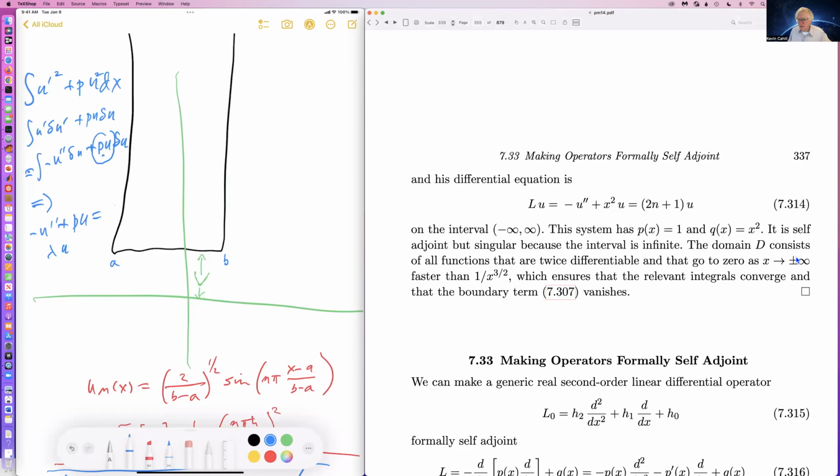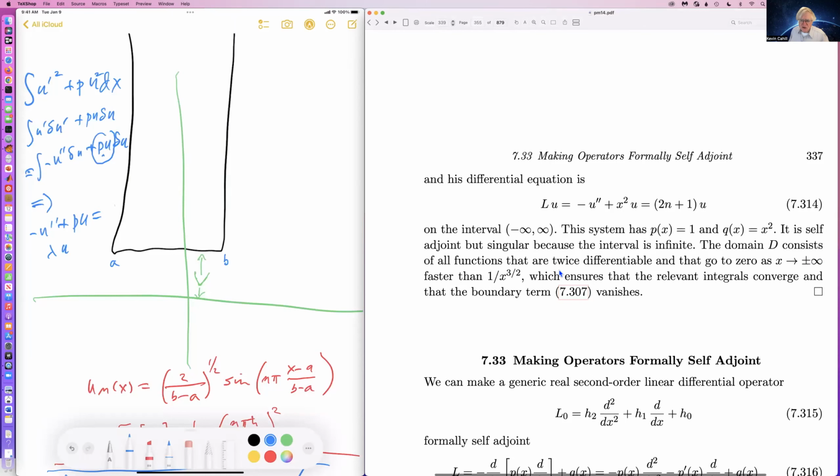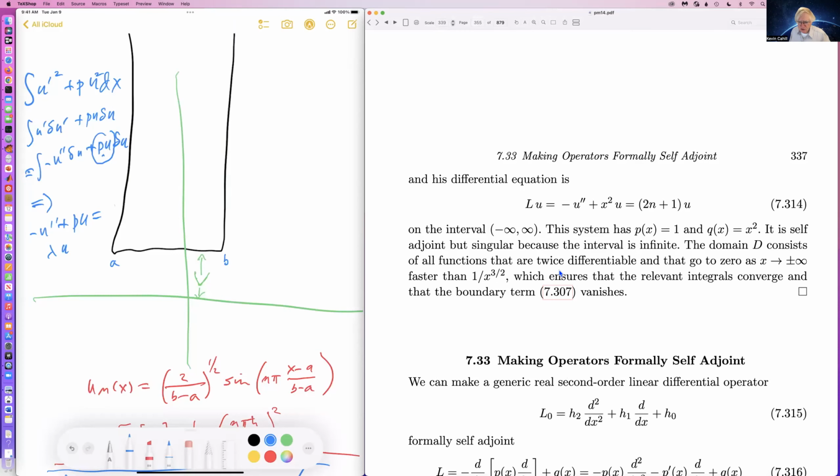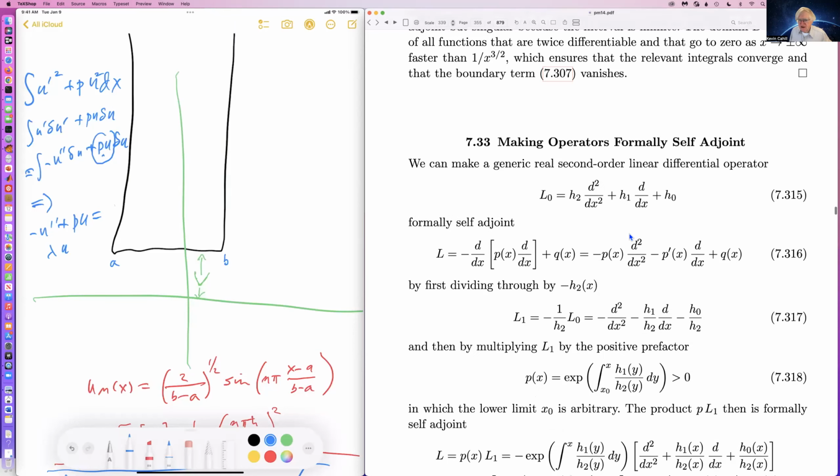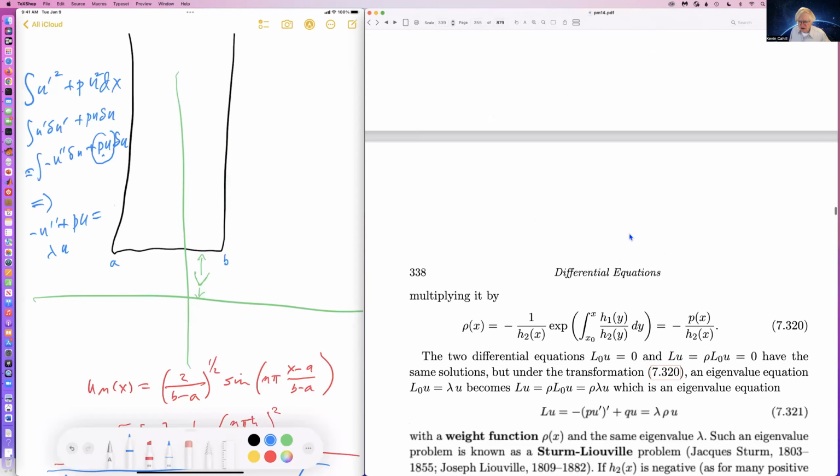And so the domain D consists of functions that are twice differentiable and go to 0 suitably fast, so that the boundary terms vanish because u and v vanish as you go to plus or minus infinity. So that's another example. We saw last time that you could make operators self-adjoint.